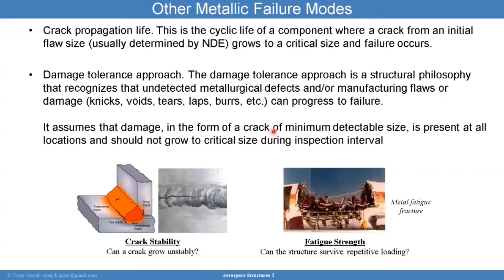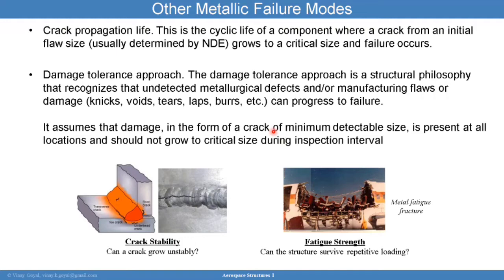Crack propagation life is an example where a crack initiation can occur and propagate over the life of the program. And here we use damage tolerance, and in my book I discuss this as a terminology that is used.